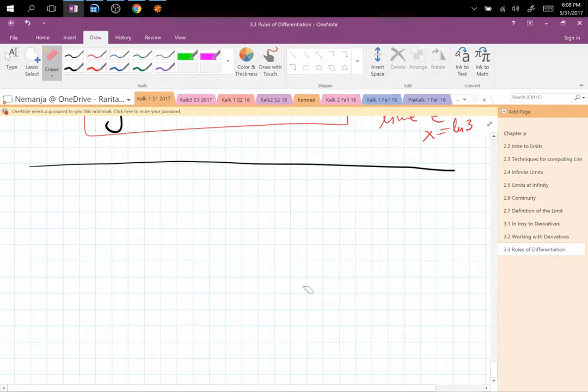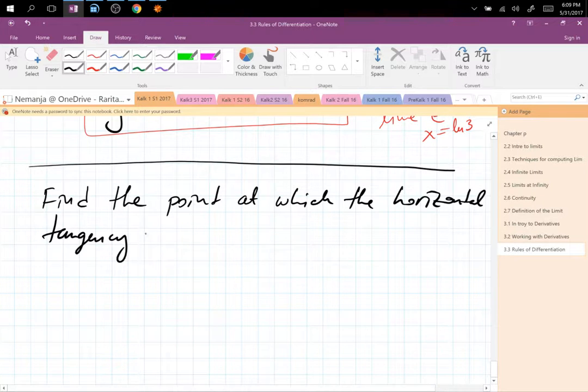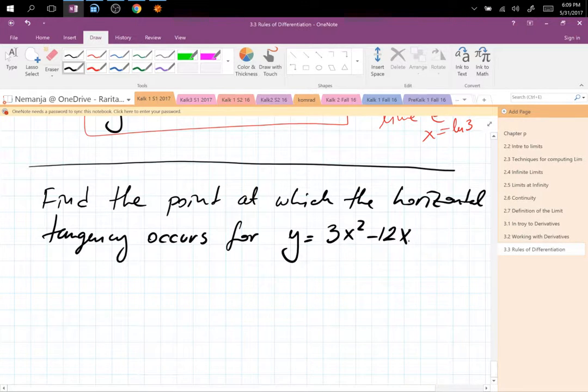One more problem and then move on. Find the point at which the horizontal tangency occurs for y equals 3x squared minus 12x plus 2.